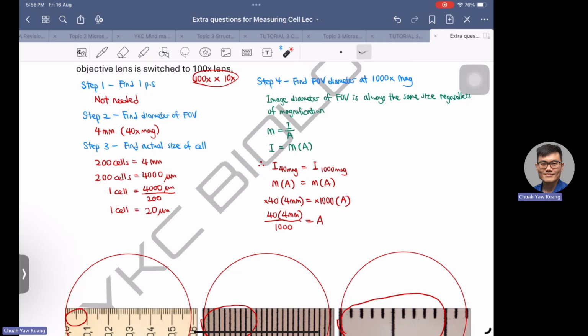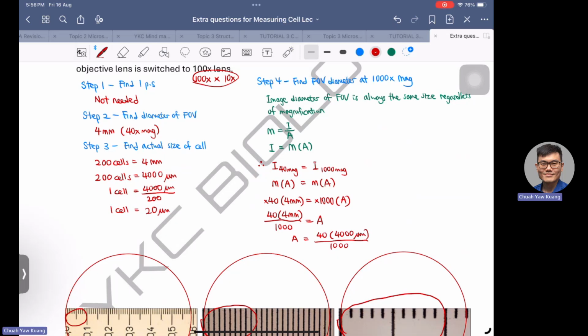To convert millimeter to micrometer, we need to multiply by 1000, so it becomes 4000 micrometer. So we rearrange the equation: the actual diameter of the FOV equals 40 times 4000 micrometer, which is converted from 4 mm, then divide by 1000.